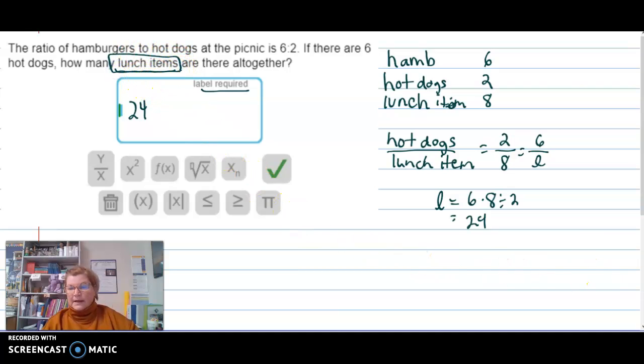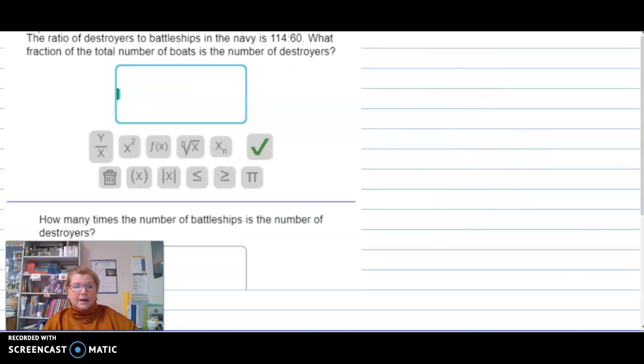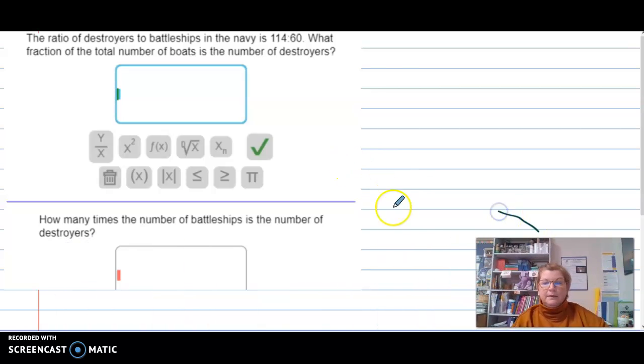Okay, moving along, I have a short little time left of instructional video. I want to take a look at this last problem here. There's a consideration with your cross products, and you might run across a couple of problems like this. The ratio of destroyers to battleships in the Navy is 114:60.